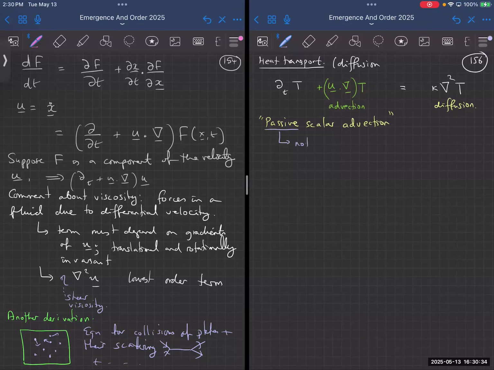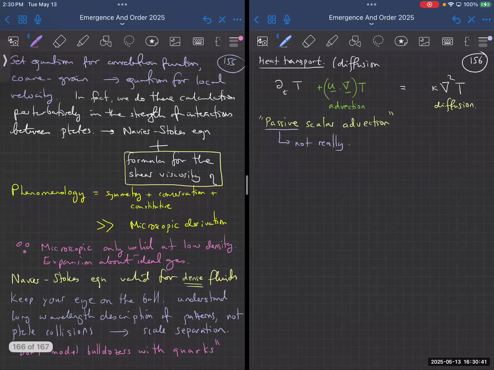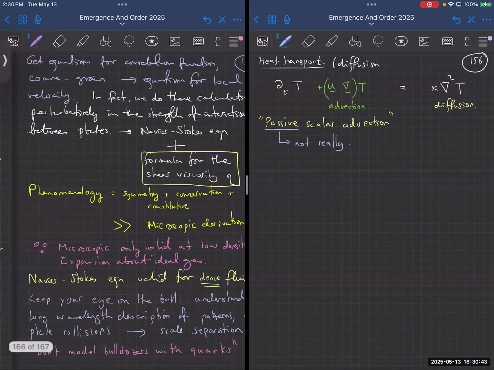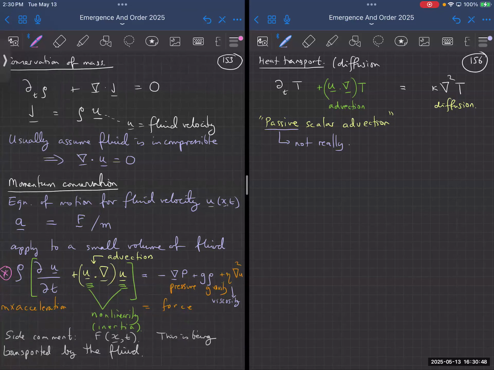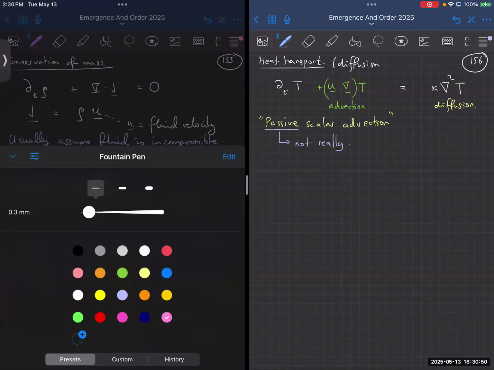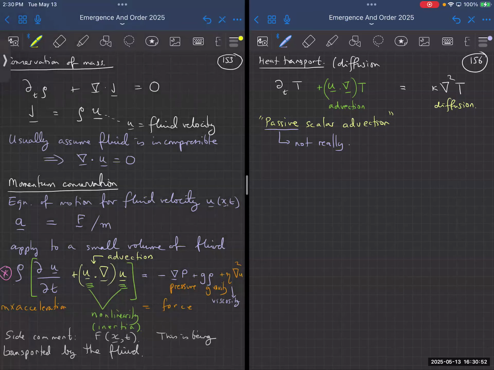Is it really passive? Not really. Why? And the reason is this. In the Navier-Stokes equations, which we have over here somewhere, notice that we have also the density.